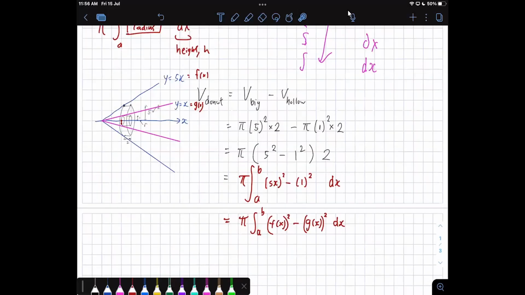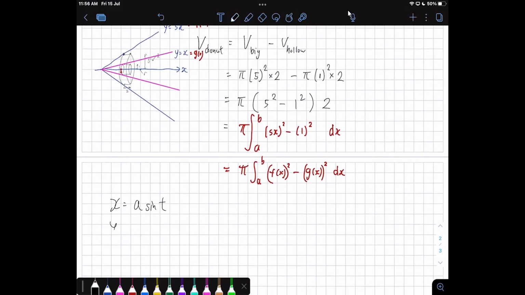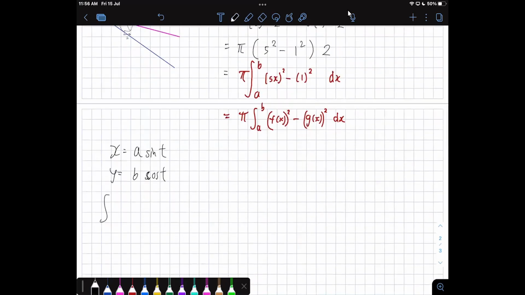Later on, you'll also learn about the parametric one. x equals, for example, a sine t, and y equals b cosine t or something like that. Then they want you to find the integral of y dx from x equals 2 to 3, for example. Then what do you need to do? This is substitution. You need to convert it from x to t equals something. Then your y has to be in terms of t, so maybe b cos t.